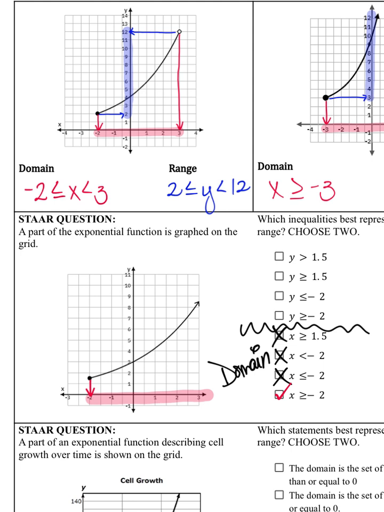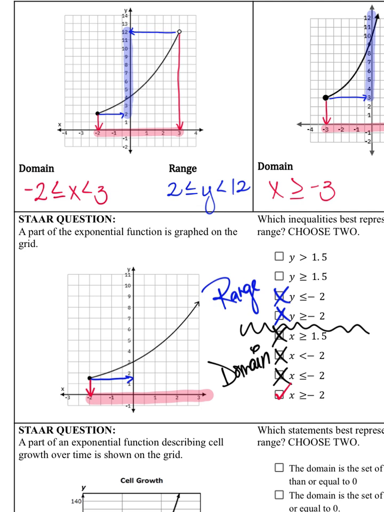When we're talking about our range, we know that our range goes into our y-axis. That is approximately at 1.5. We know our range is our y values. So any of these that aren't associated with 1.5 have to be wrong.